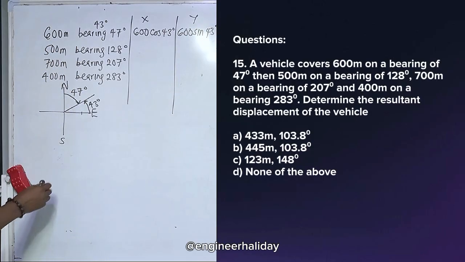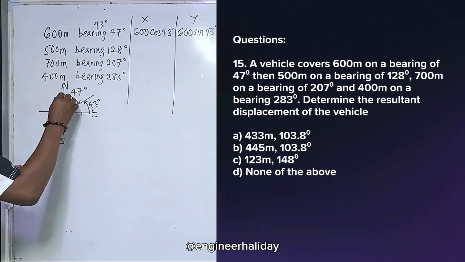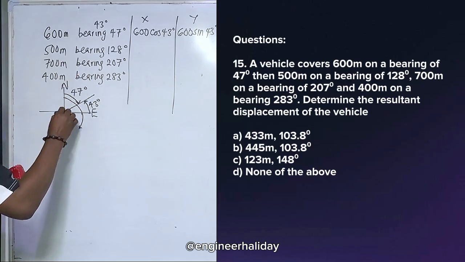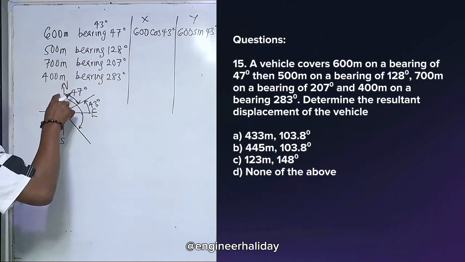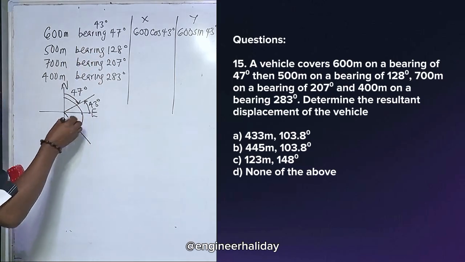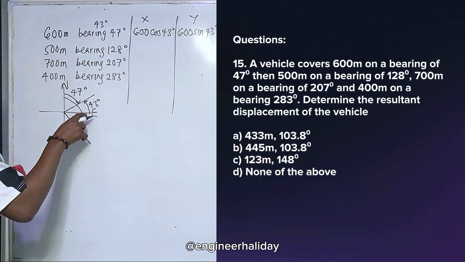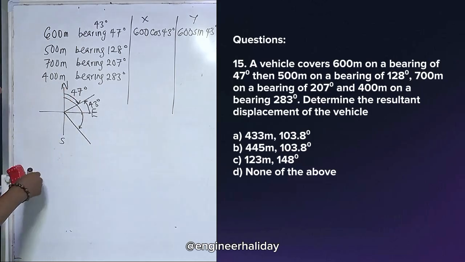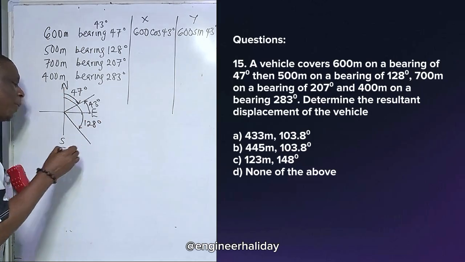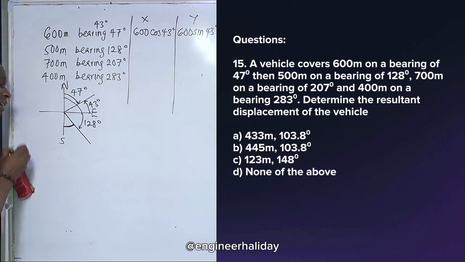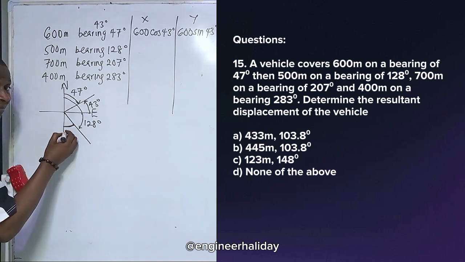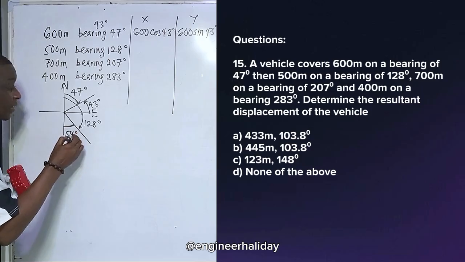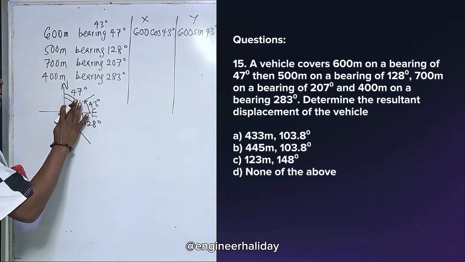The next one is 128. Look at 128 here. 128 is above 90. For bearing, you have to start from the north, then you convert it by calculating the angle of the vector from the east anti-clockwise. Your problem now will be to calculate the balance here. We remove 128 from 180, which gives 52.